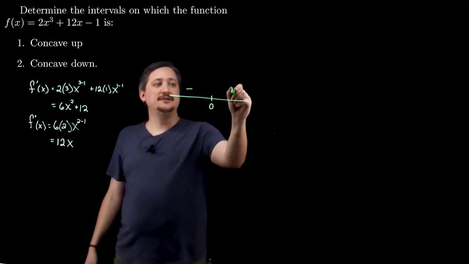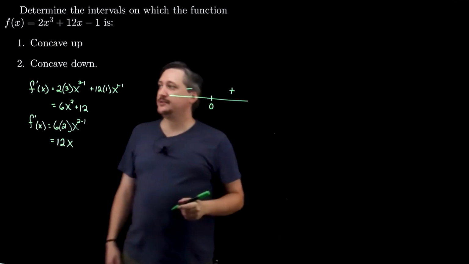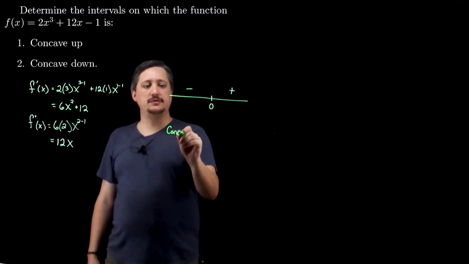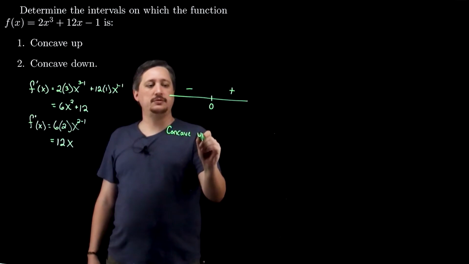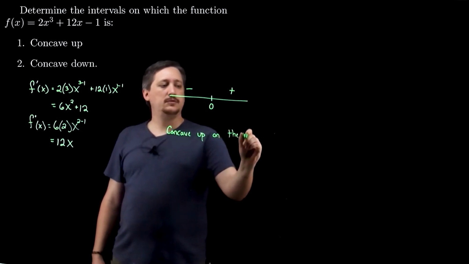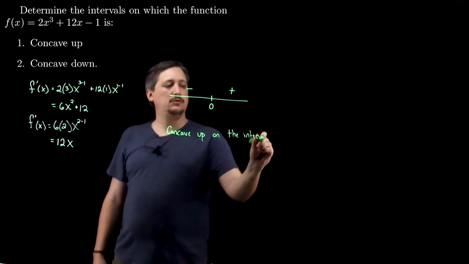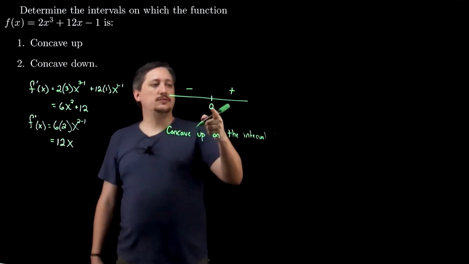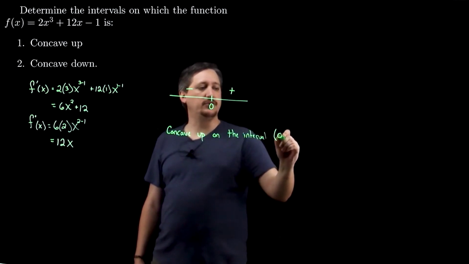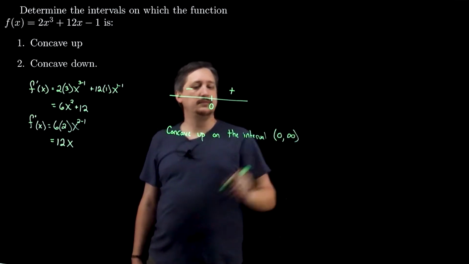So negative, positive. Well, this means that it is concave up on the interval. So concave up, right, is when it's positive. So it's on the open interval from 0 to infinity.